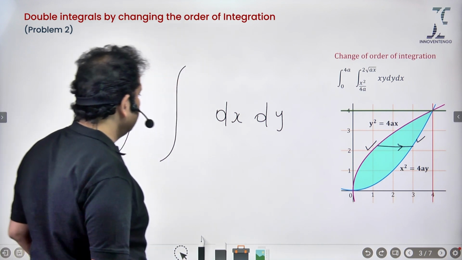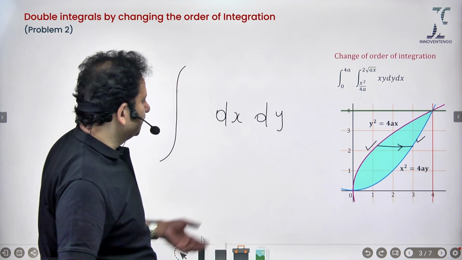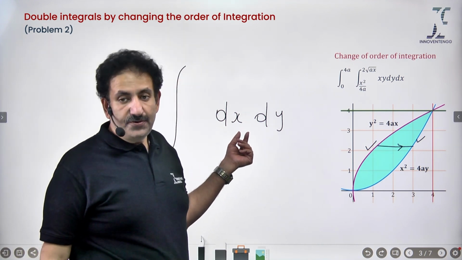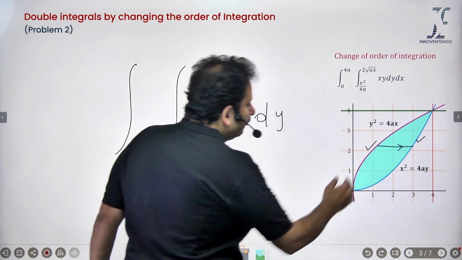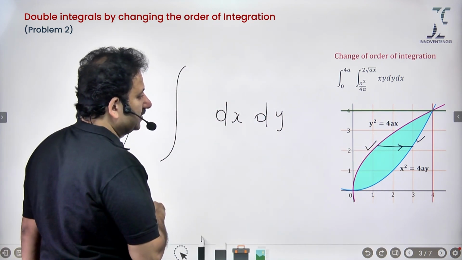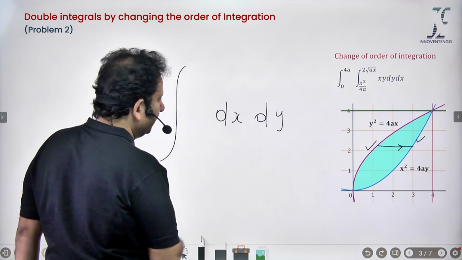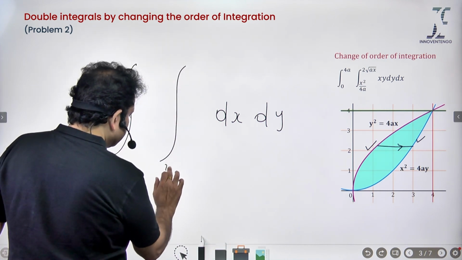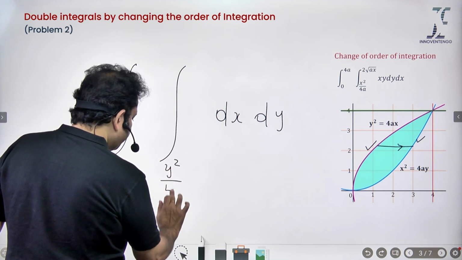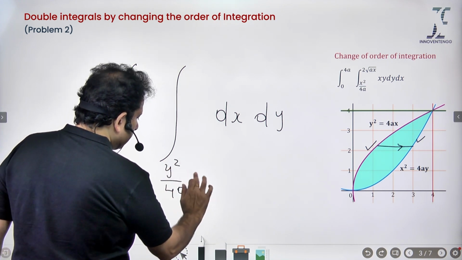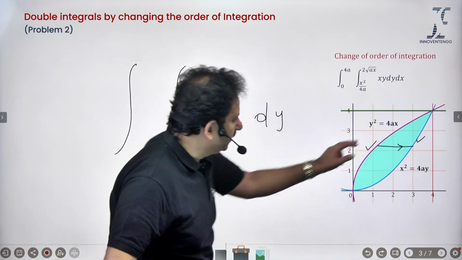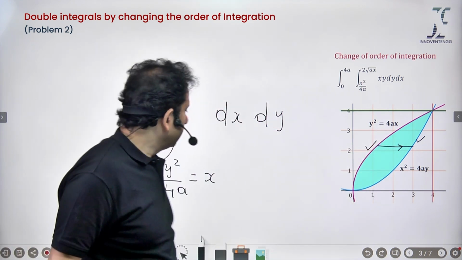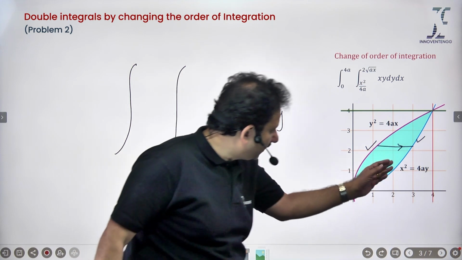So my inner limits would be in terms of y, because I would be integrating with respect to x. So how would my first limit be defined? Because I need the definition of y, which is simply y square by 4a, because that is equal to x, because I'm talking about this parabola.